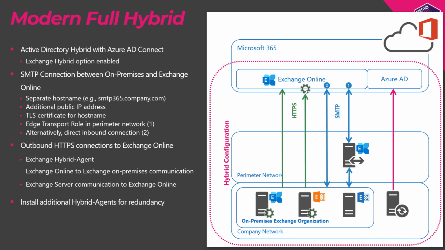Well, you can download a small installation package which you can use to install additional hybrid agents on additional servers to have some sort of a redundancy. You should install the hybrid agent on at least 2 additional systems, so that you have a number of 3 agents running at the same time.